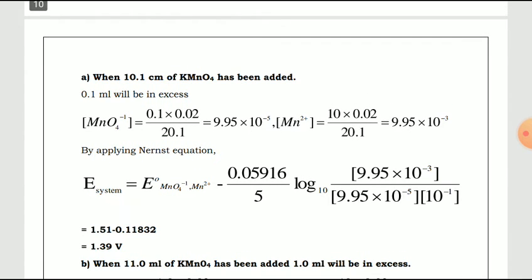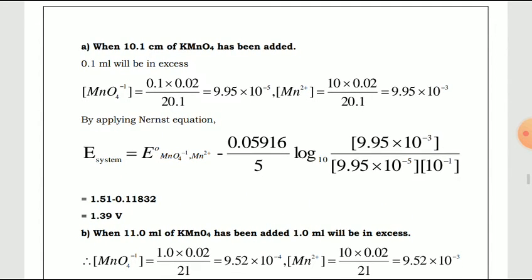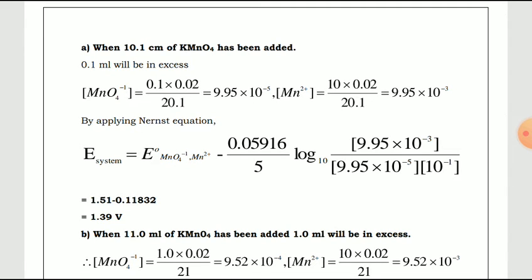Then when we add 11 ml of KMnO4 into the beaker or conical flask, then the concentration of MnO4 minus is equal to 1. Why 1? We have added an excess 1 ml, that's why 1 into 0.02 upon 21. When we calculate this, we will get 9.52 into 10 raised to minus 4. Then the concentration of Mn2 plus will be 10 into 0.02 upon 21. When we calculate that, we will get 9.52 into 10 raised to minus 3.